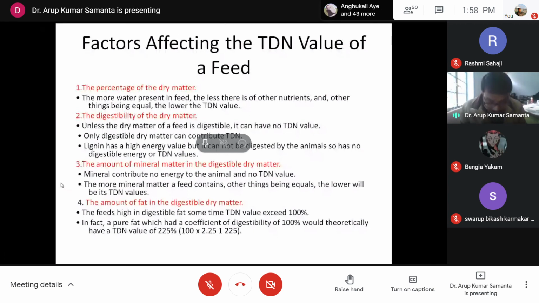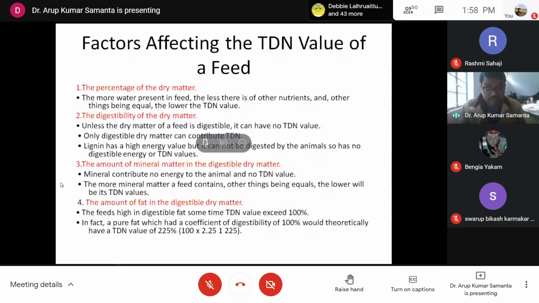Then the amount of fat in the digestible dry matter: if the digestible fat content is very high, it will also increase the TDN value. But if it is a balanced feed where there is a balancing of carbohydrate, protein and fat, you will get a better TDN value in order to provide the energy requirement of the feedstuffs.